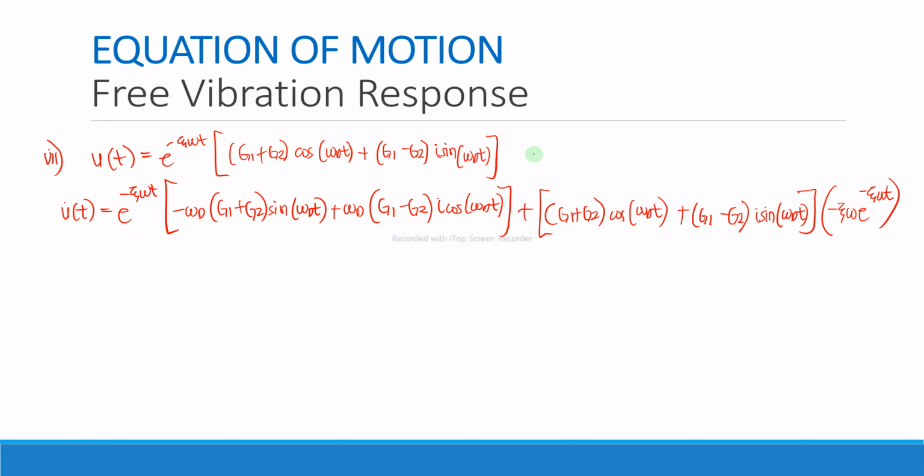If we look at u of t, it is similar to this, we have the e to the negative ζω t and also this value.